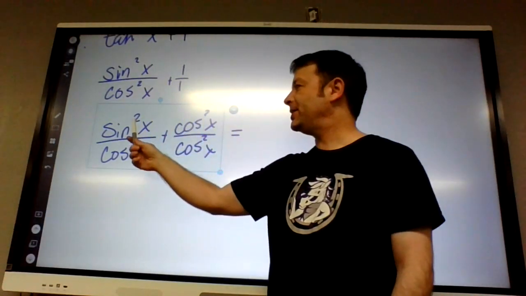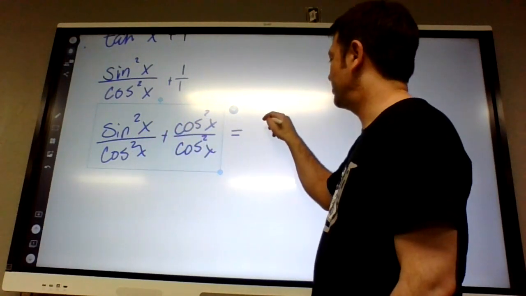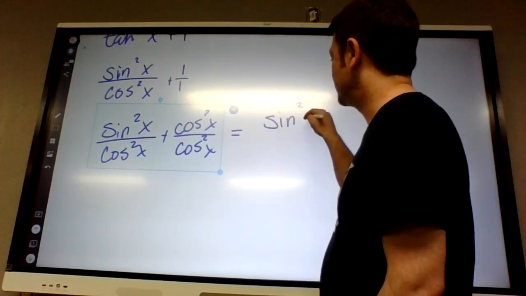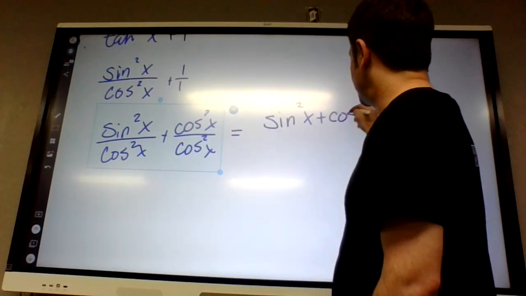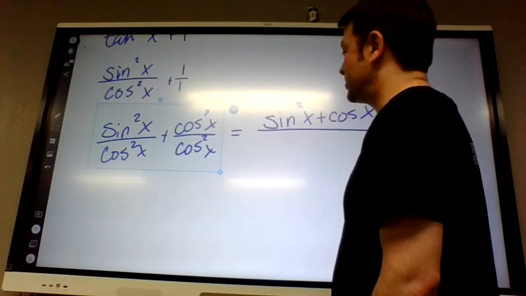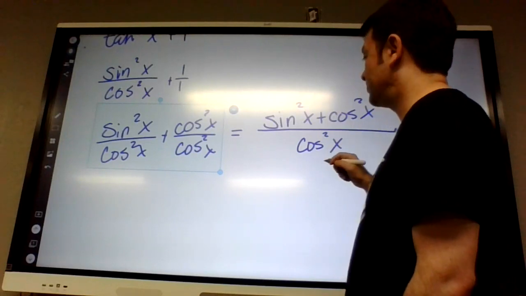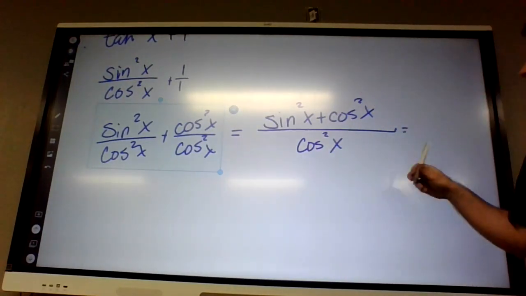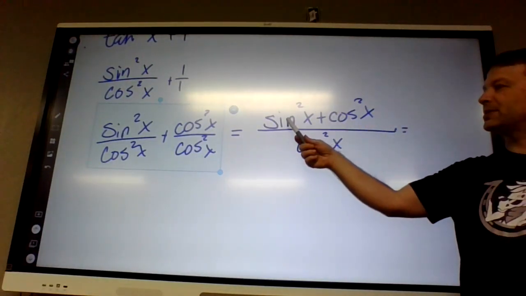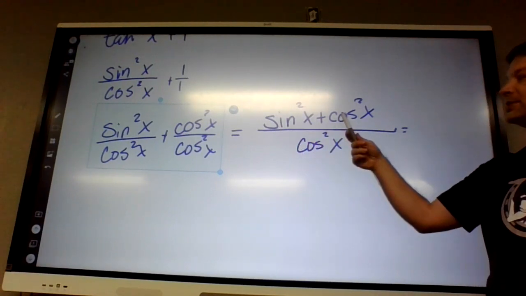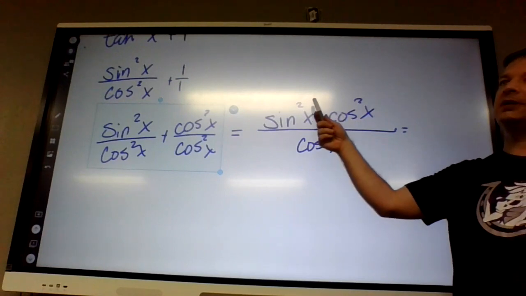So, how do we add these together? Well, when you add fractions, the tops just get added together, and what happens to the denominator? It stays the same. What is sine squared plus cosine squared? It's one of our identities we learned today.